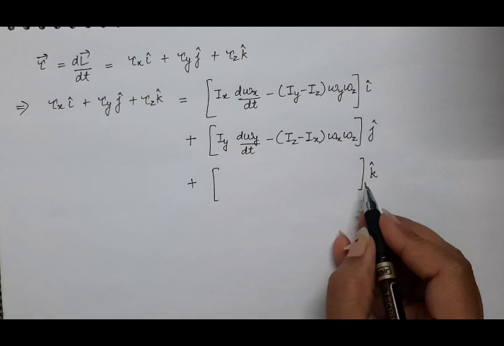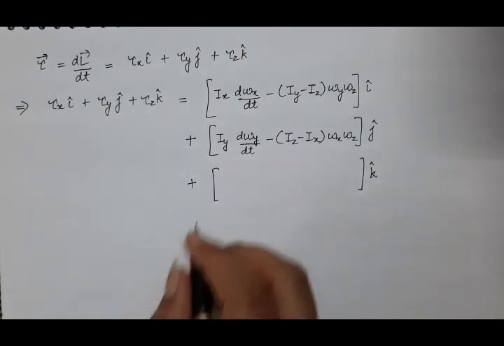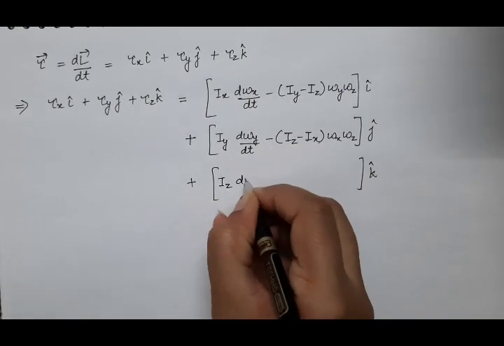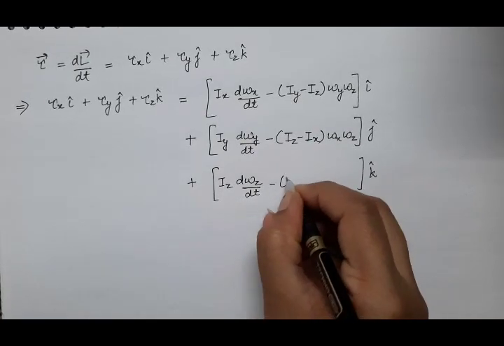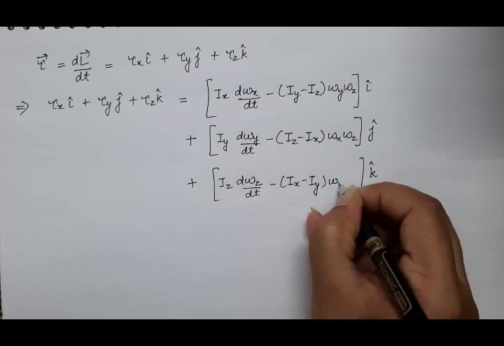And here from the terms we have taken k cap common, and what will be left inside the bracket? It will be Iz d omega z by dt minus (Ix minus Iy) omega x omega y.